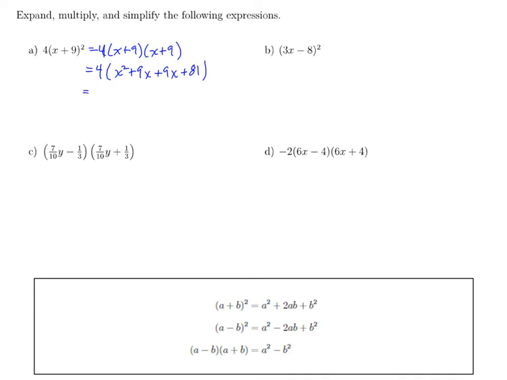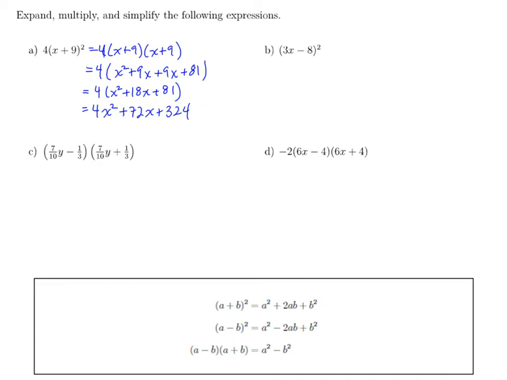Simplifying what's inside those parentheses, we'll combine the like terms 9x and 9x, so we'll get 4 times x squared plus 18x plus 81. And then our last step here is to distribute that 4 across. So we'll have 4 times x squared plus 4 times 18x plus 4 times 81. And that will simplify to 4x squared plus 72x plus 324.